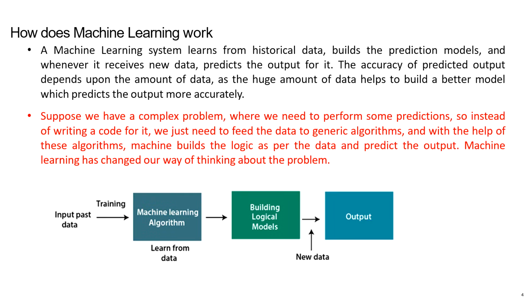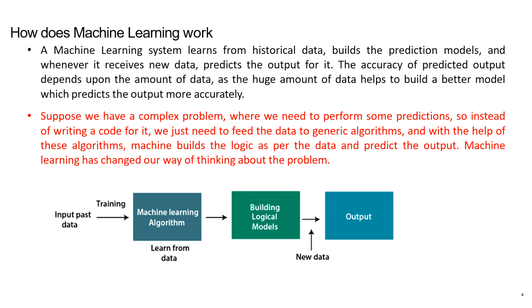Now let us understand an important question. How does machine learning actually work? The basic process consists of three major steps. First, the system collects historical data. Second, the machine learning algorithm analyzes this data and builds a prediction model.